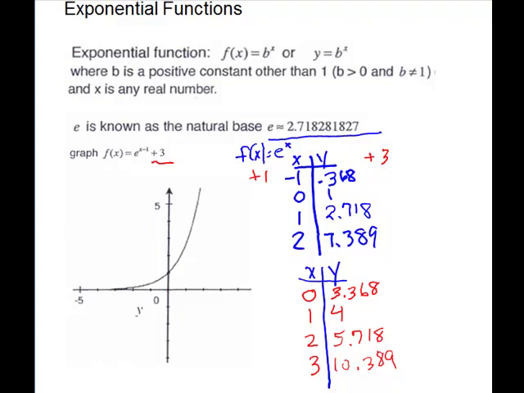So this would be 0, 1, 2, 3. 0.3 is a little less than a half, so I'll go there. 1, 4. 2 and 5.718. So almost to 6. And 3, and we're going to go to 10 something.